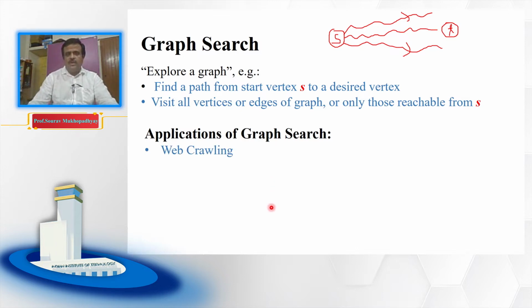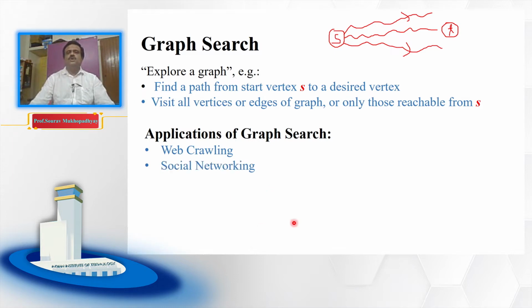Suppose somebody opens a new web page and we want to index it. What does Google do? Google explores the graph with breadth first search, BFS, to reach from the existing page to all the pages which are reachable from there. That is the technique Google uses for web crawling.